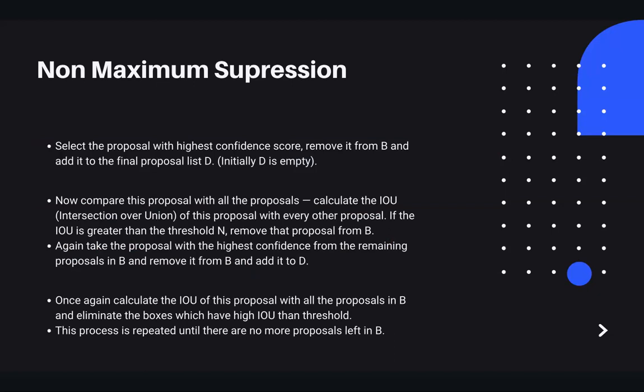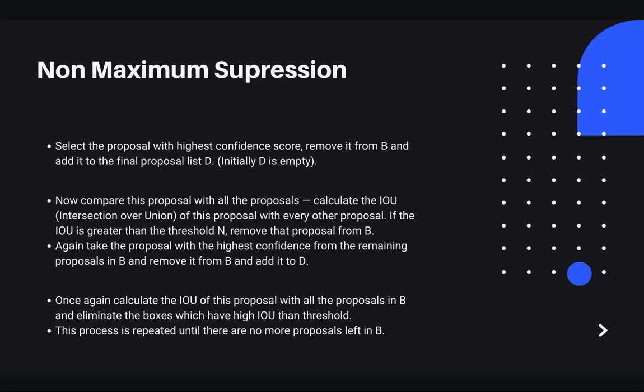And then it keeps calculating the intersection over union with every other prediction out there. If the intersection over union is above a certain threshold, we remove this prediction and consider it a duplication of the same object. If it's not above that threshold, then we leave it.